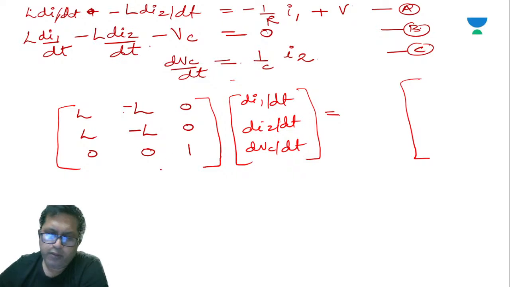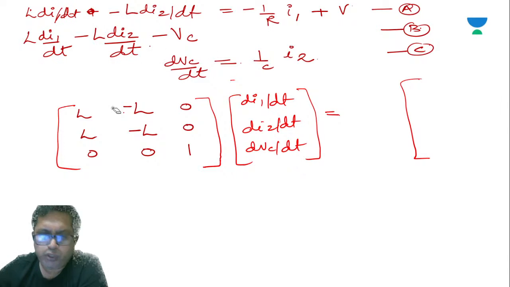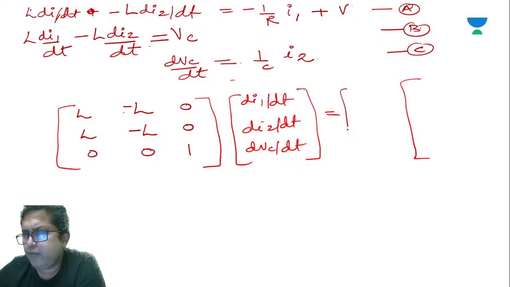Okay, so now what we'll do is make a modification. This equal to 0 will not be 0, now this will be equal to vc. What are the state variables?